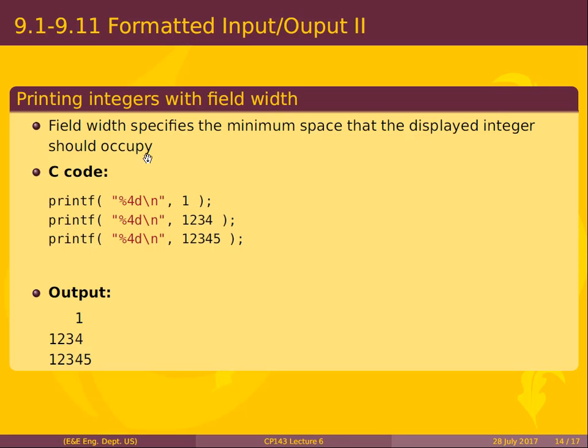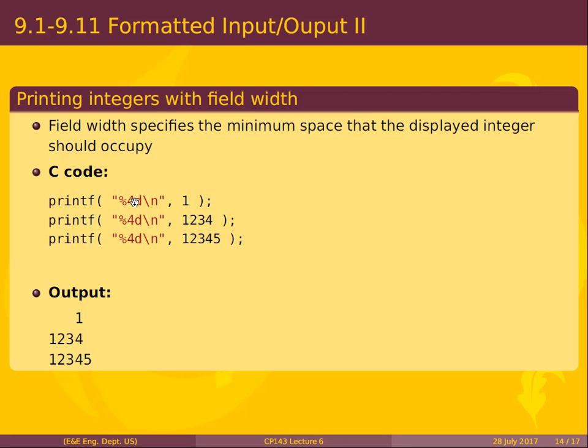%c prints out a char, so this value is probably an ASCII value for the char, which we print out here. Another part of formatted output is to specify the amount of space that is used to print out the value of, for example, an integer. Let's say we've got the numbers 1, 2, 3, 4 and 1, 2, 3, 4, 5 here, and we want to line everything up a little bit.